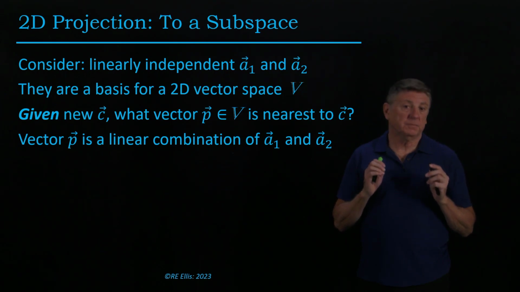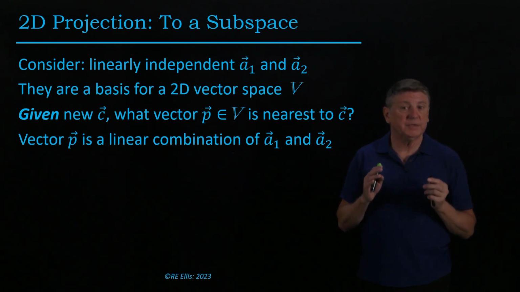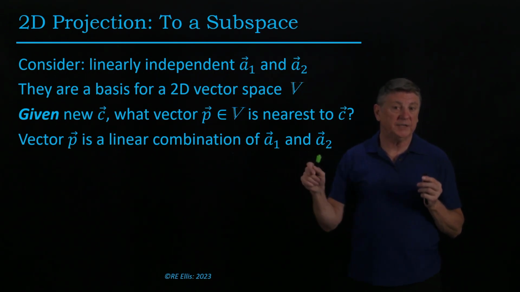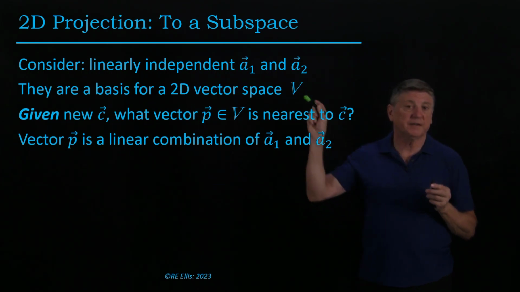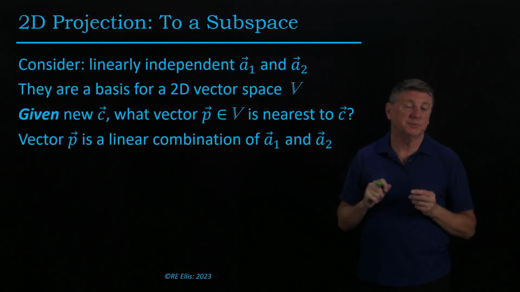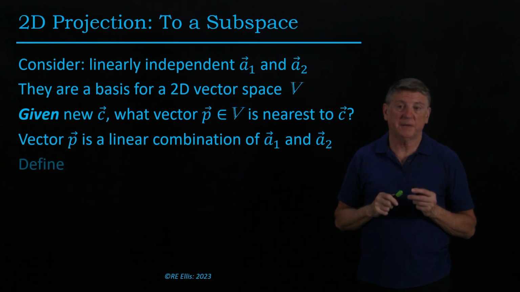So now let's set this problem up. The vector P, the projection vector, has to be a linear combination of A1 and A2. That's because the projection vector has to be in the vector space that the basis vectors span.